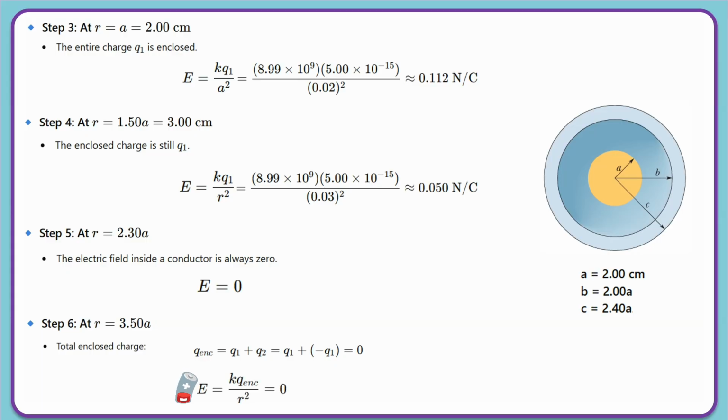Therefore, E equals KQ enclosed divided by R squared, which gives E equals 0. Excellent! This example clearly shows how Gauss's law allows us to determine the electric field by simply identifying the enclosed charge in each region. Now, let's move on to another important exam type problem.